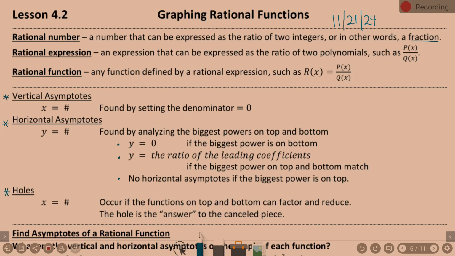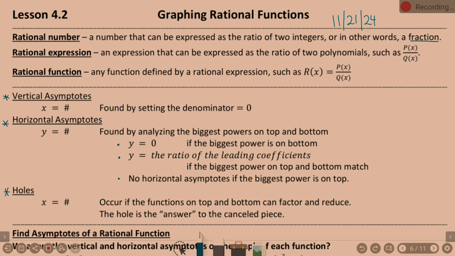The hole is the answer to the canceled piece. So we're going to do some factoring. We're going to do a lot of factoring in this chapter, but we're going to do some factoring today. And if you have a factor on top and bottom that cancels, like x plus 4 on top and x plus 4 on bottom, there's a hole there. Okay? So you're going to have these rules in front of you. I'm going to keep referring to them, okay?